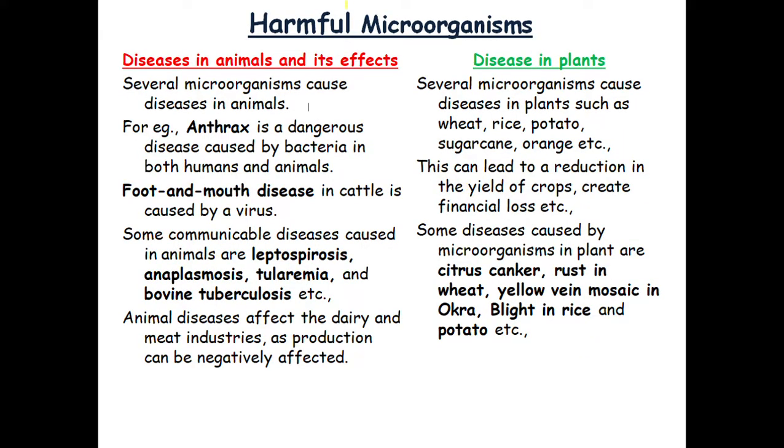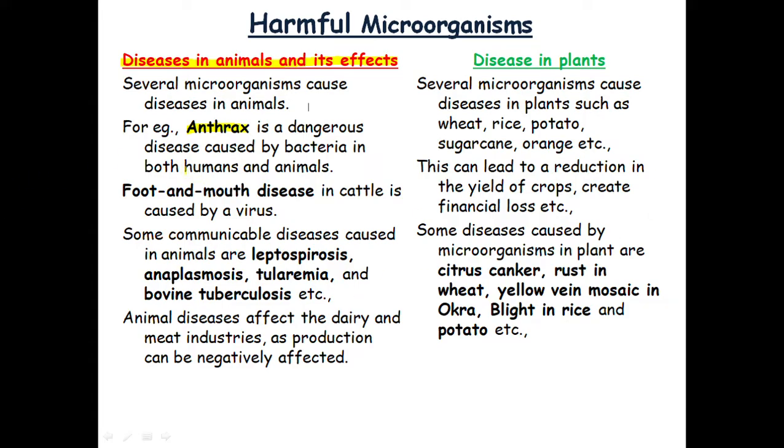Now next, see harmful microorganisms. So diseases in animals and their effects. You can see here the several causal diseases. That's anthrax. Anthrax is caused by Bacillus anthracis. It is a dangerous disease caused by bacteria in both humans and animals. So anthrax is dangerous.